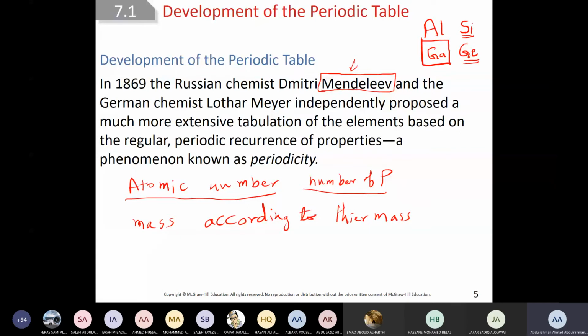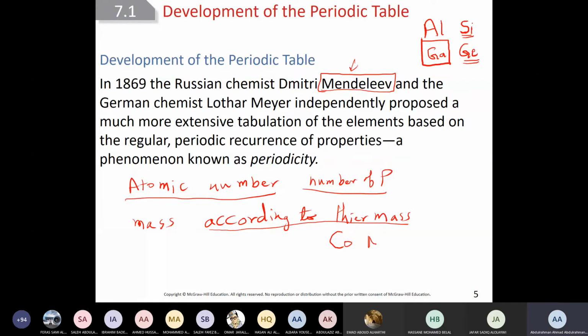Okay, another thing. Do you have the periodic table? Look, as I said, they were putting the elements according to their mass. Look at the periodic table and at the mass of the elements. As you go across, the mass is increasing. But look at cobalt and nickel.